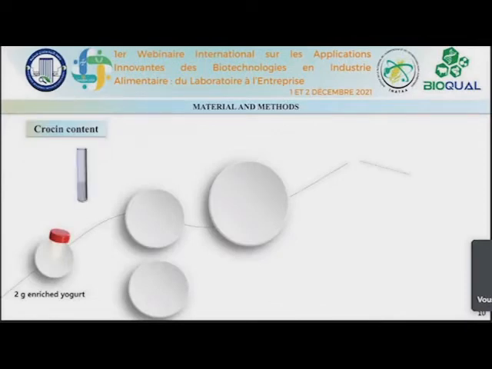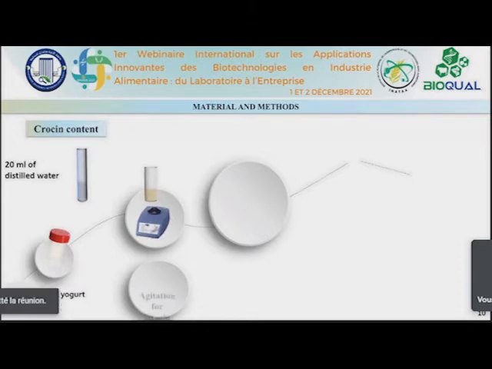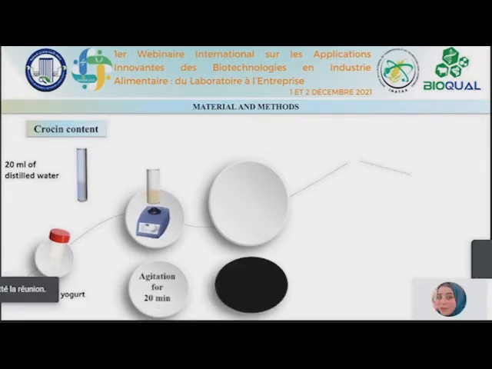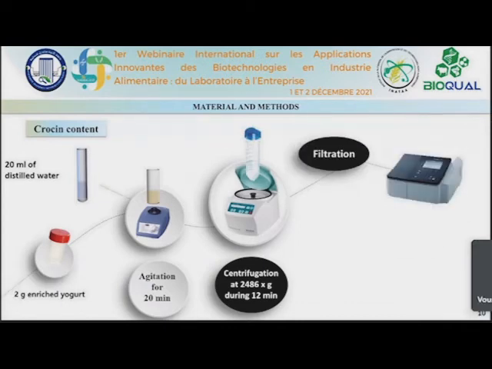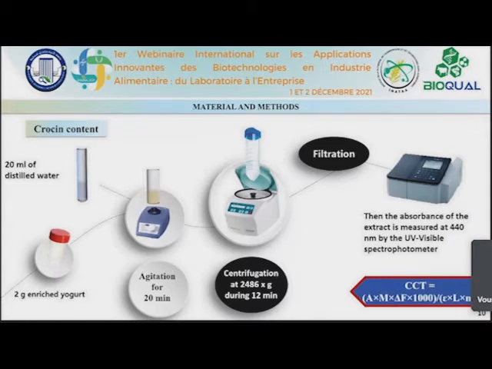In order to determine the crocin content, we need a sample of our enriched yogurt, which is diluted in distilled water and subjected to stirring, centrifugation and filtration, and then the extract obtained is measured by a spectrophotometer. Finally, the crocin content is calculated by the following formula.